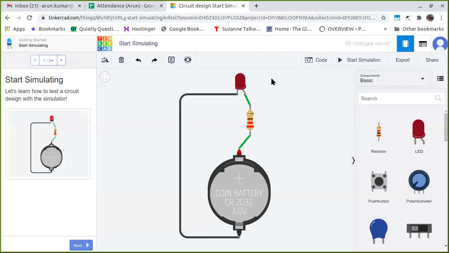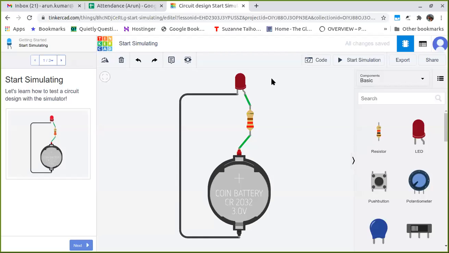So this is a website called tinkercad.com, and in Tinkercad you can simulate different things. I think they have two or three different kinds of simulators, one for mechanics and one for electricity. I'm showing you the one with electricity, and there are some interesting things.